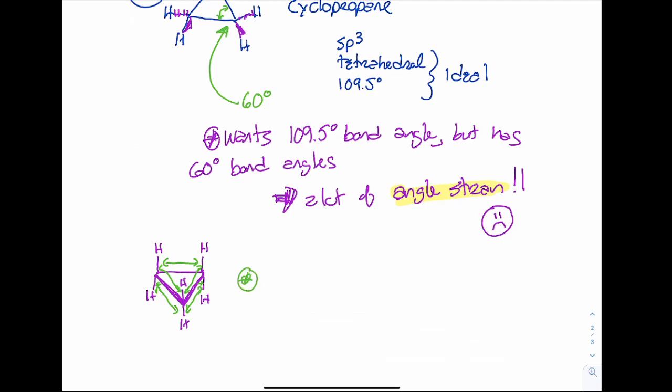I actually have 6 areas of eclipsing bonds. And remember, anytime we have bonds that eclipse, we also have torsional strain.